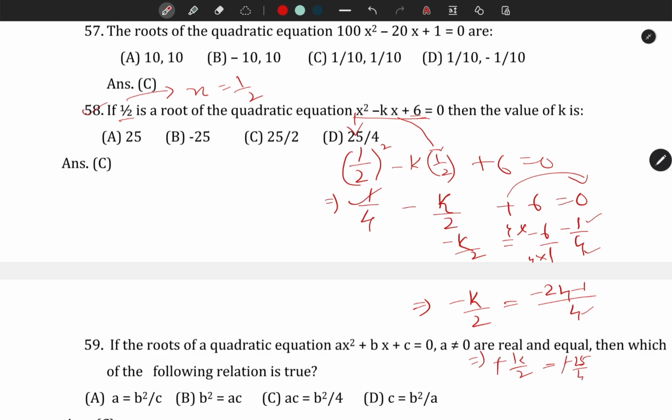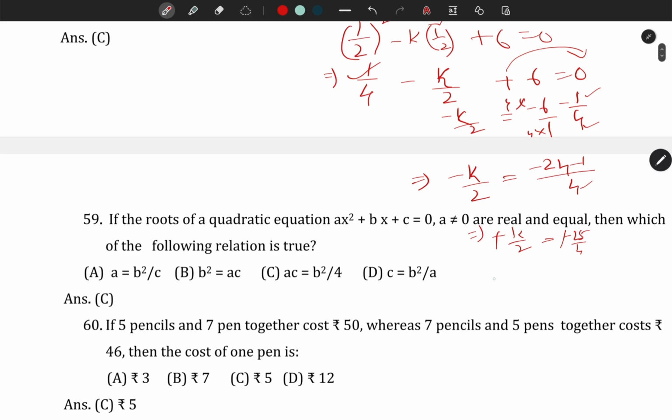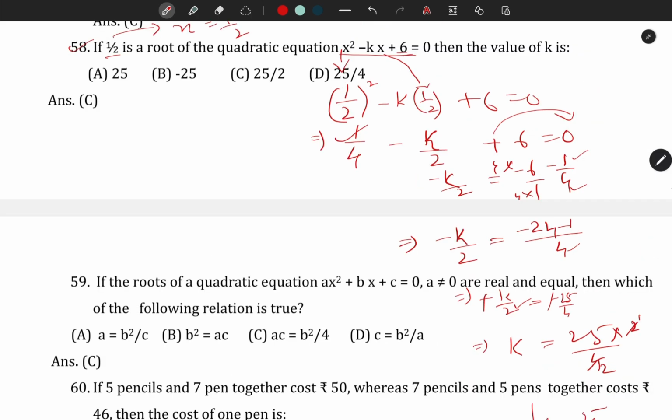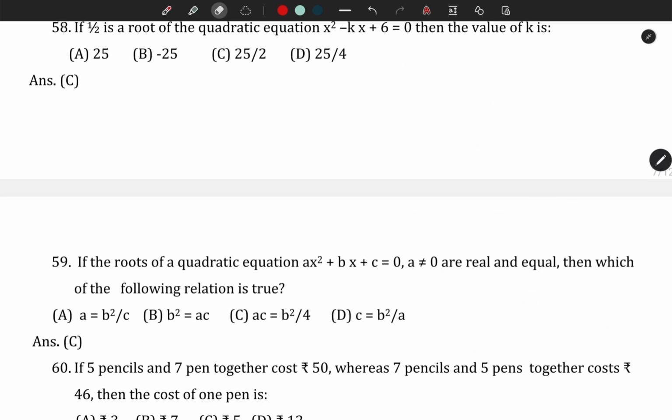Minus minus you can cancel. Then k will be equal to 25 divided by 4, and then cross multiply this 2. 2 twos are 4, so the answer is k is 25 by 2. So the correct option is C, k equals 25 by 2.